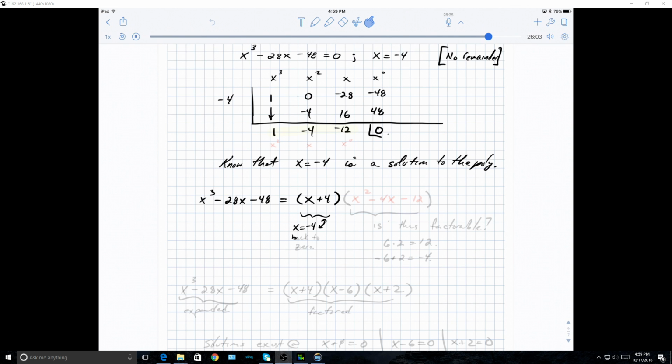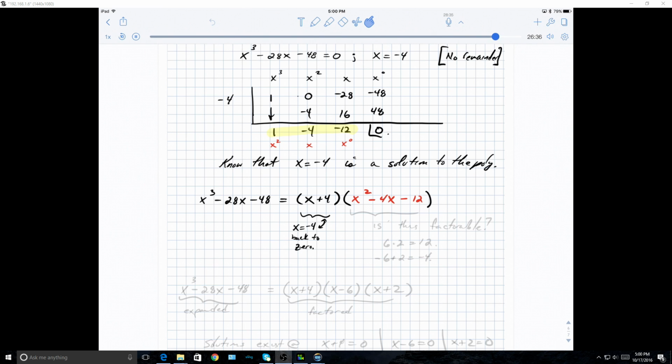So remember, we're trying to get back to 0. And then we have the next polynomial, which I'll highlight here, without the remainder. Remember, all of the degrees go down by 1, so what we have here is going to be x squared minus 4x minus 12.